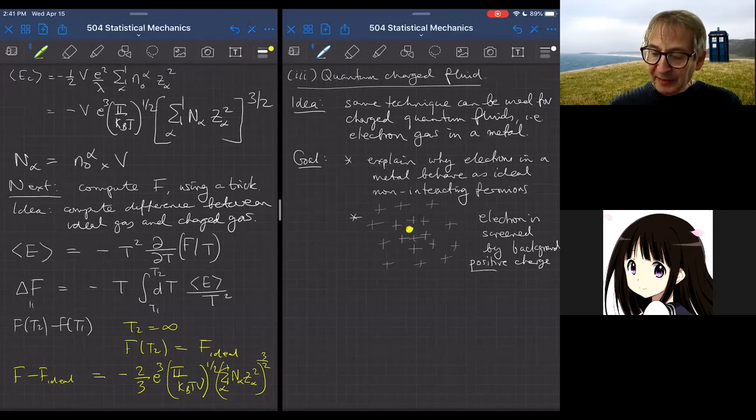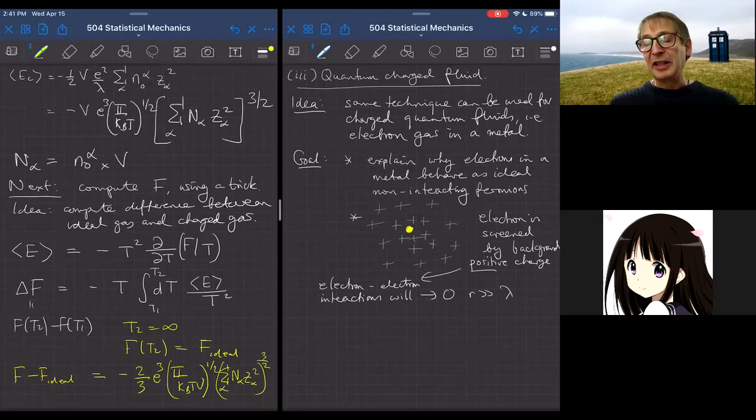And so that means that the electron-electron interactions will go to 0 once R is greater than the Debye screening length, this lambda, the screening length. So that's the basic idea.